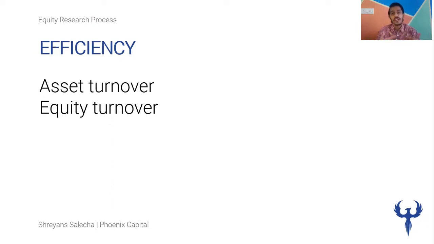We are trying to understand how well we are using our assets, the base that we have to produce whatever we produce, or how well we are using our equity. And this equity turnover can also tell us a little bit about the leverage, and we can take a look at these two in tandem.